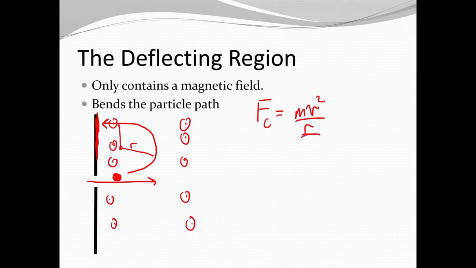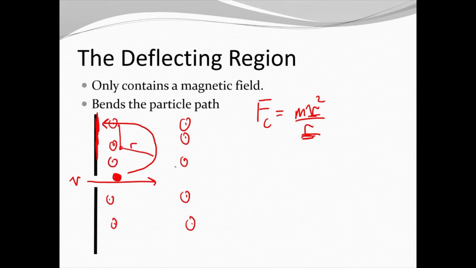So if I can measure this, then I can determine the mass, because the velocity has already been selected by the velocity selector. The velocity of the particle is predetermined by the velocity selector, and then we can calculate the centripetal force using mv squared over r. Now what's causing the centripetal force?